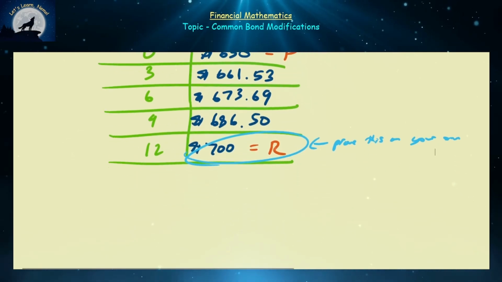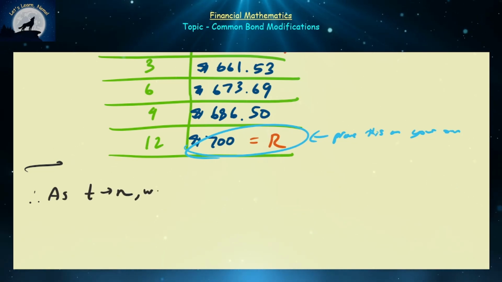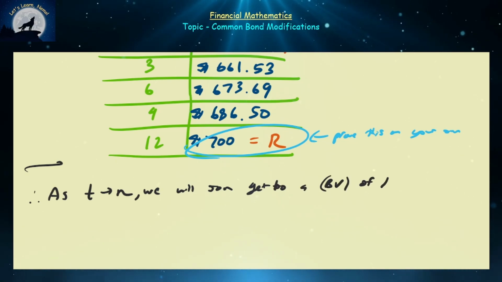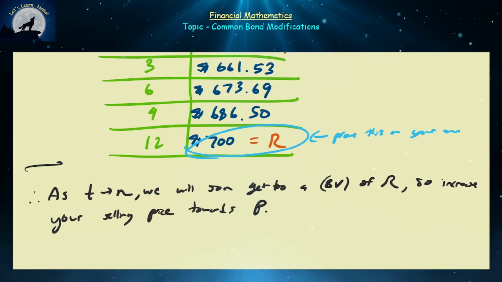Okay? So from this little table, what can we conclude? As t gets closer to n, we will soon get to a book value of R. So the selling price increases towards P, the price for which you originally bought this bond.